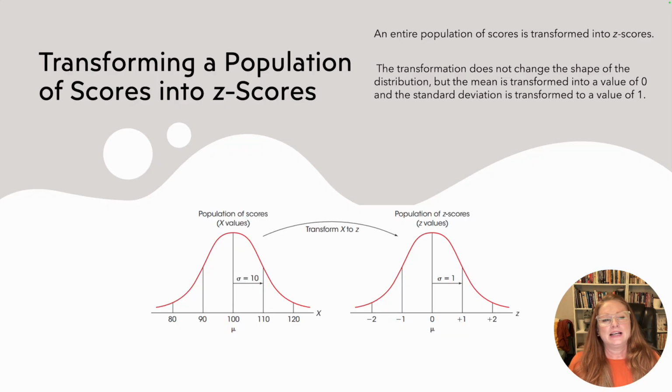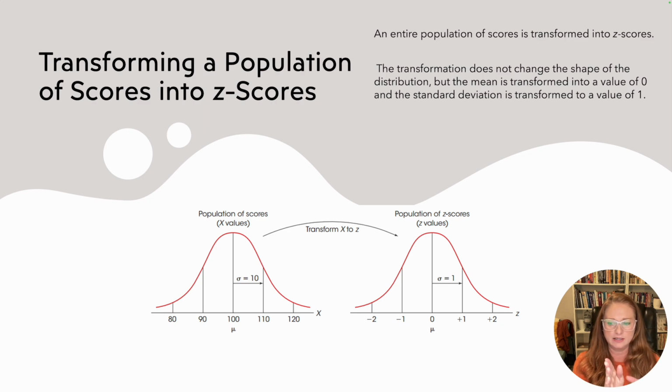Okay. So when you transform a population of scores into z-scores, this is what we do. You see how on the left-hand side you have raw scores. You have the average score of 100, and a standard deviation of 10, and so it goes 100, 110, 120, 130. And if you go negative, 100, 90, 80, right? If you transform the raw scores into z-scores, you now make it 0 for the middle and the standard deviation 1.